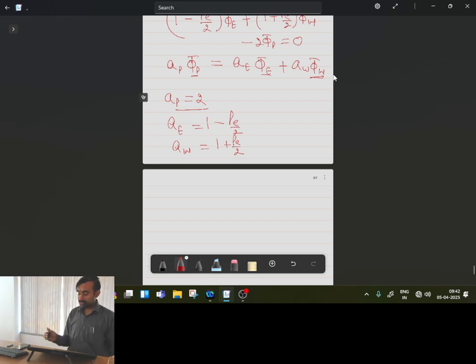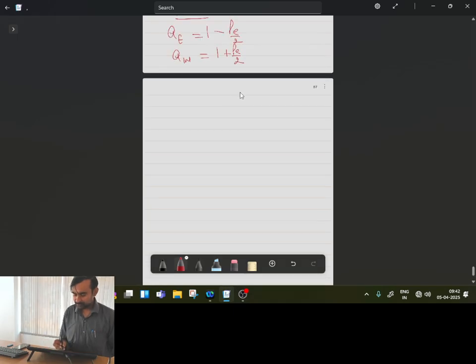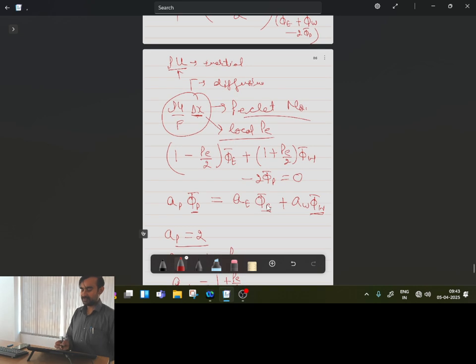So if your problem is simple and you have taken multiple node points, here the value is phi naught, here the value is phi. Ultimately, for each and every node point, you can apply this equation.